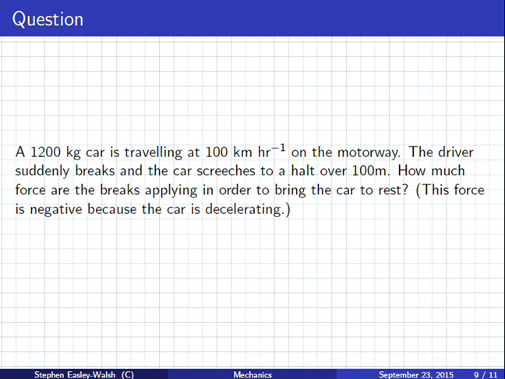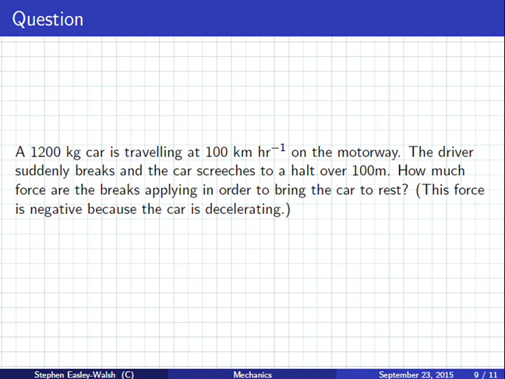So what's the verb for slowing down? Decelerate. Yeah, the acceleration is negative. What's making it slow down? The brakes. So my question is, how much force are the brakes applying to the car to bring it to rest? So you have to use the formula F equals MA. Do you know the M?